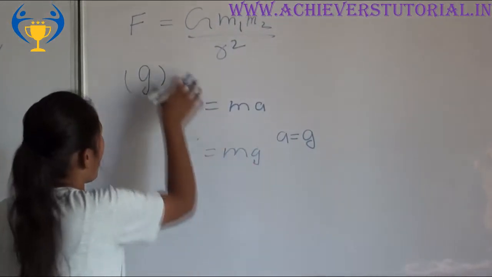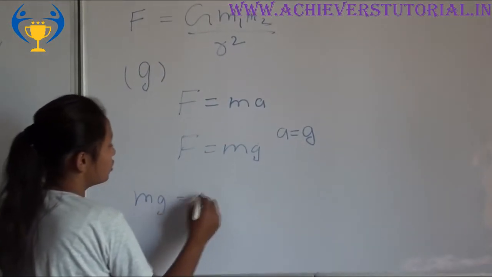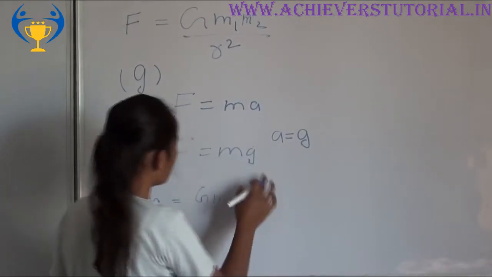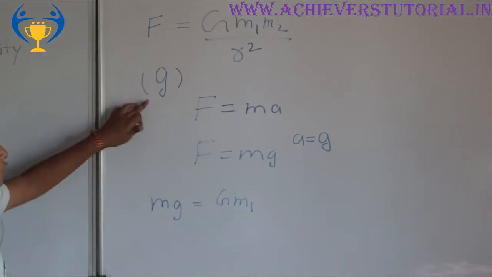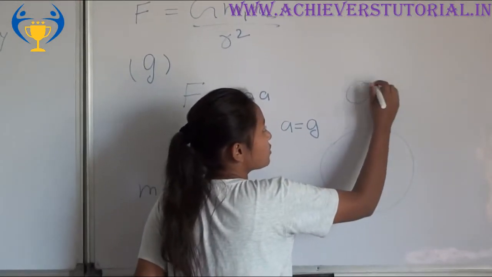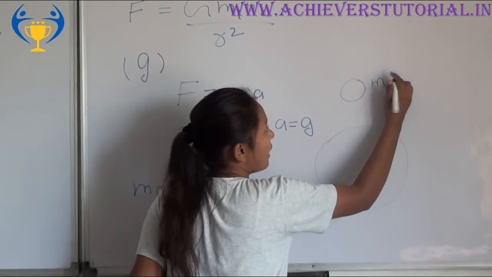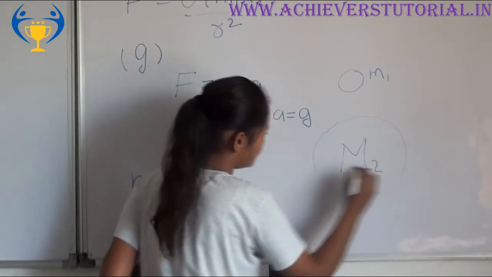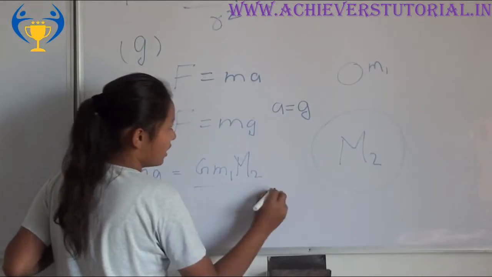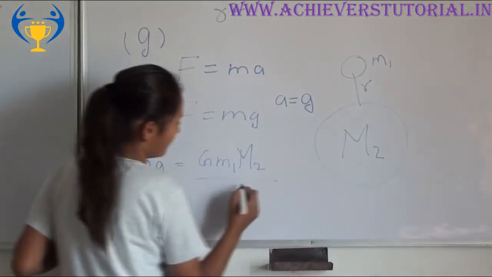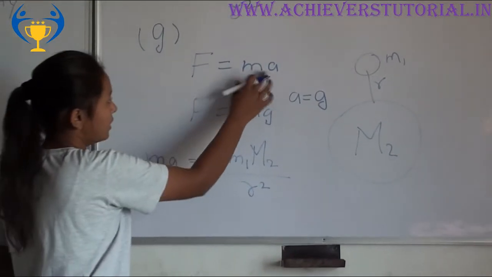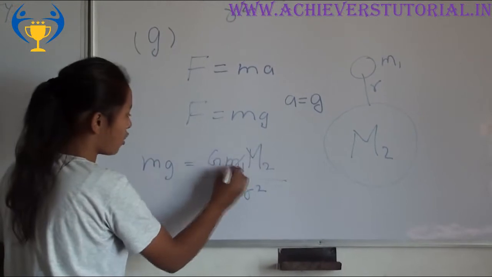By placing this formula here, mg is equal to G m1 m2 upon r square. As we are calculating the value of small g, there are two masses: the mass of an object and the mass of the Earth. We will take the mass of the object as m1 and the mass of the Earth as m2, and the distance by which they are separated is r. F is equal to ma, where m is the mass of the object.